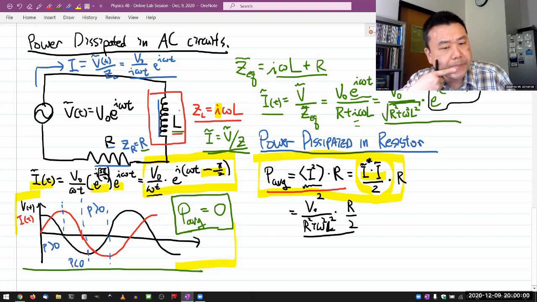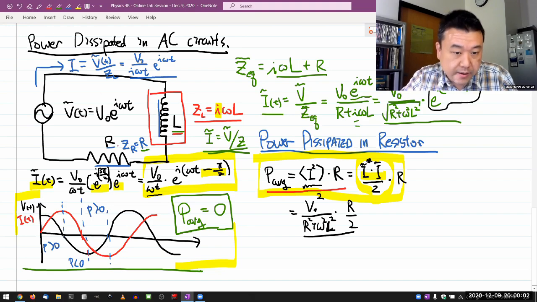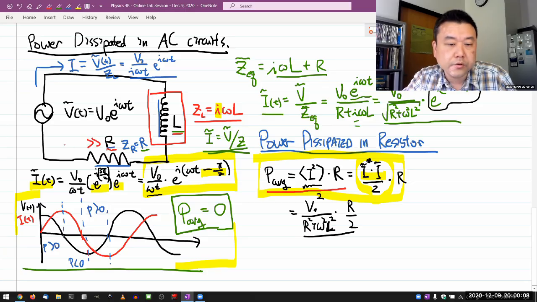And I want you to imagine that this resistance is relatively small, much smaller compared to omega L. And the motor typically needs a certain amount of voltage, V naught, to operate.